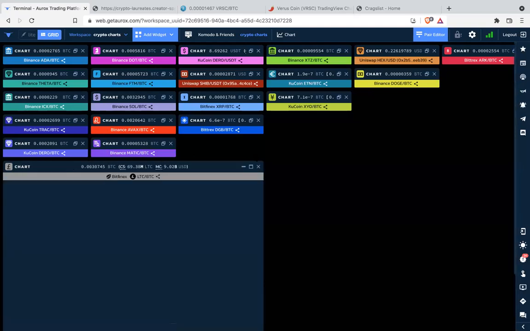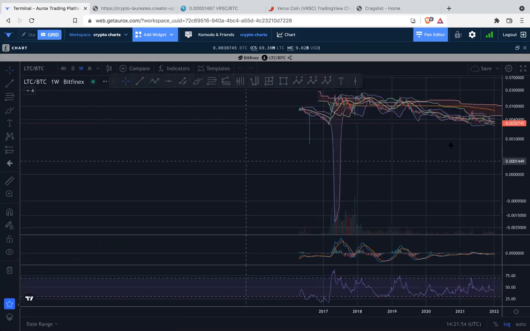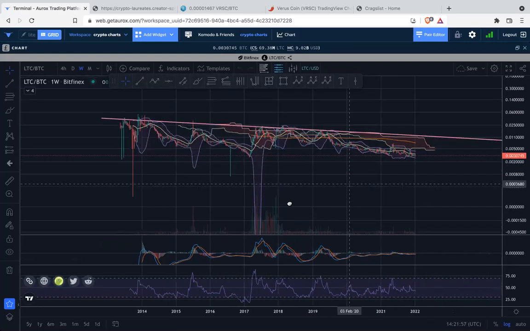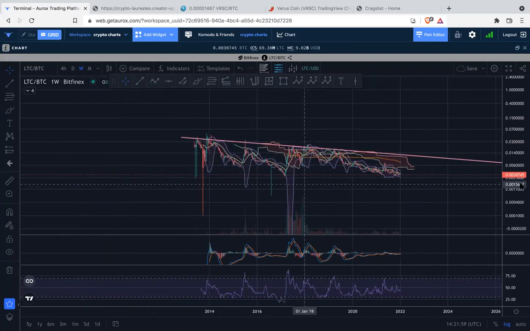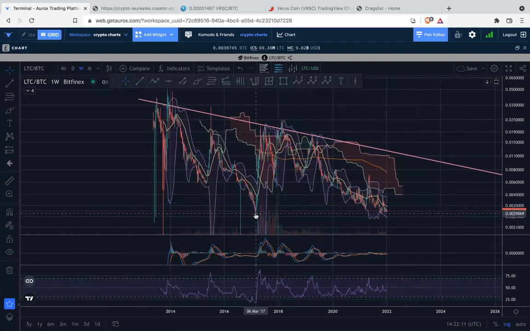Again, now we have LTC, which is another one of these altcoins at the lower end of its price action level. It's potentially reaching its lowest lows. Of course, we had intra-week action back in the early life, but really it's more so the lows from 2017 that we're getting towards today.